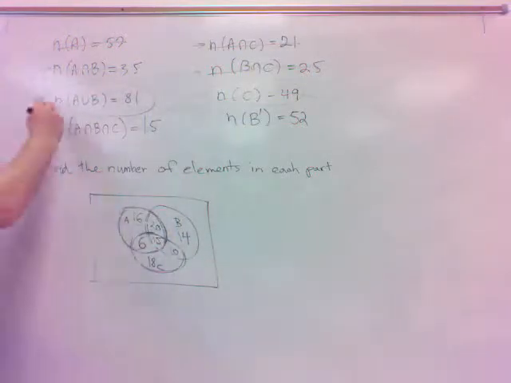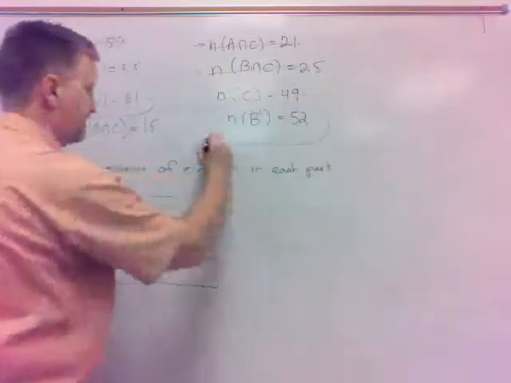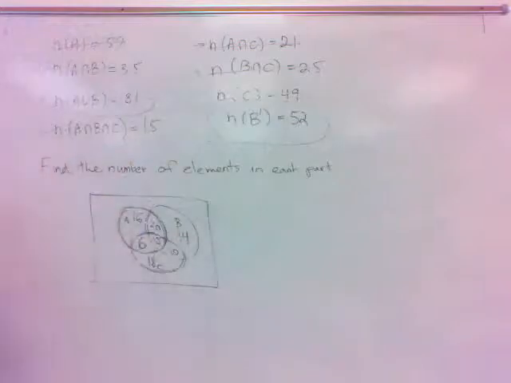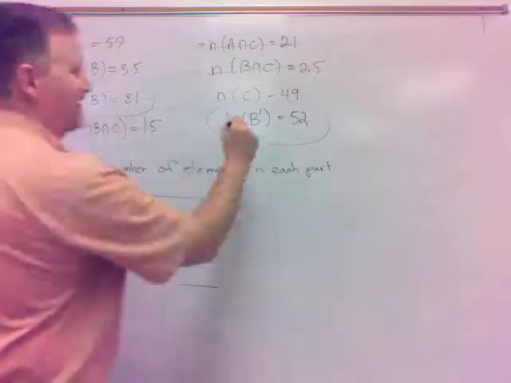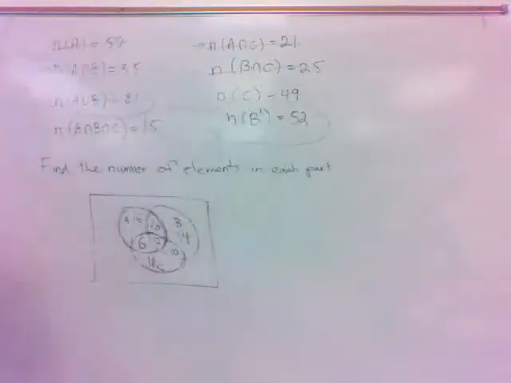All right, well, there's still one piece left, and there's still one unknown part, so that's good. I can figure it out, hopefully. What have I got here? The number in B complement is 52. What does that mean? That's the number of elements total outside of the B circle.